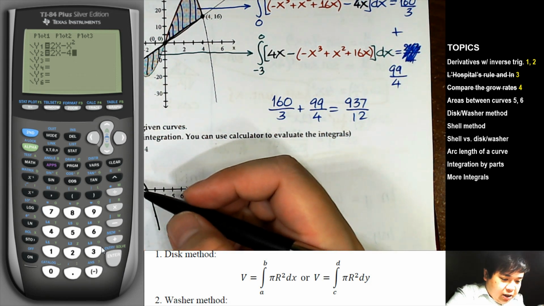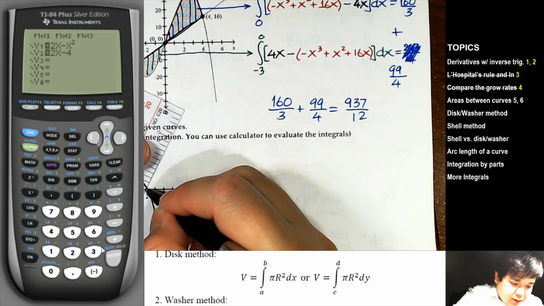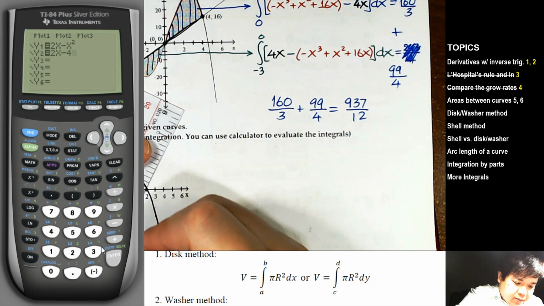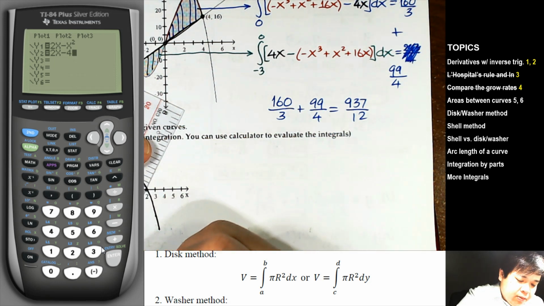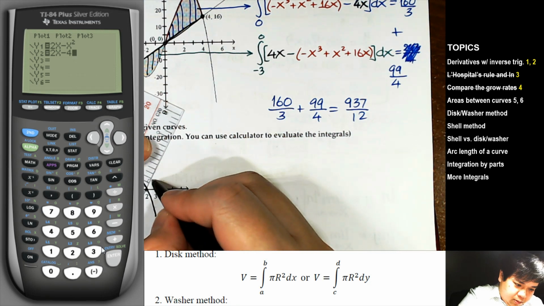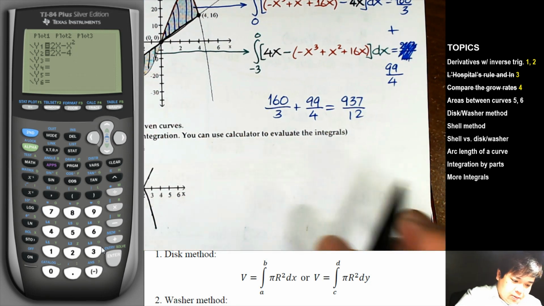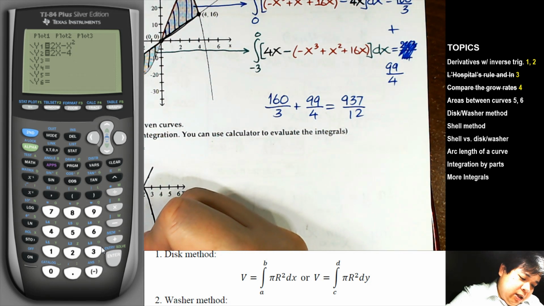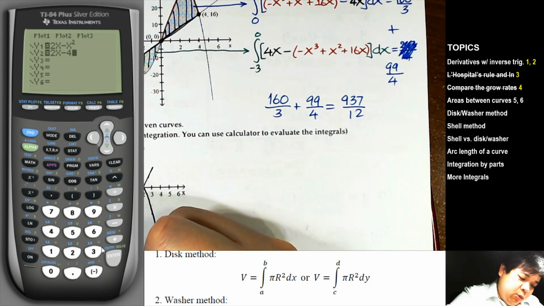So we have this line. We need to extend this here. Looks like it will intersect somewhere in here.